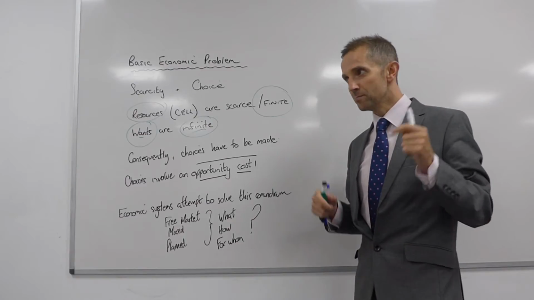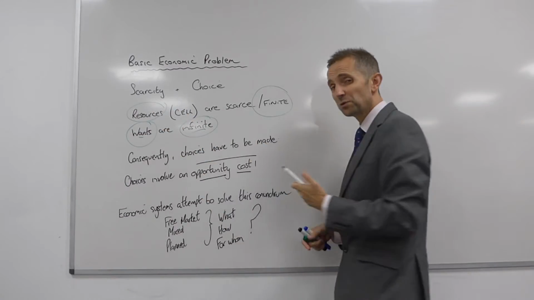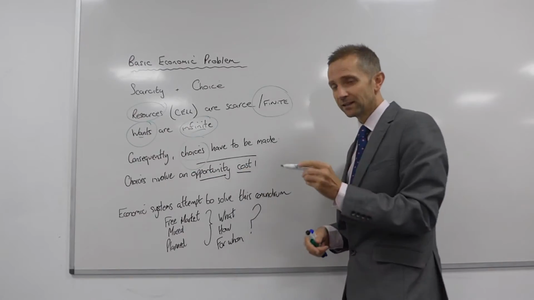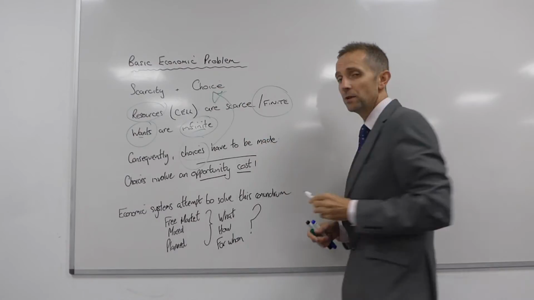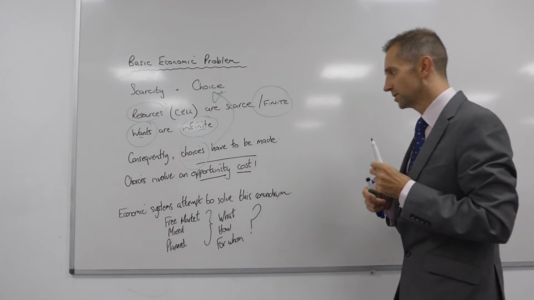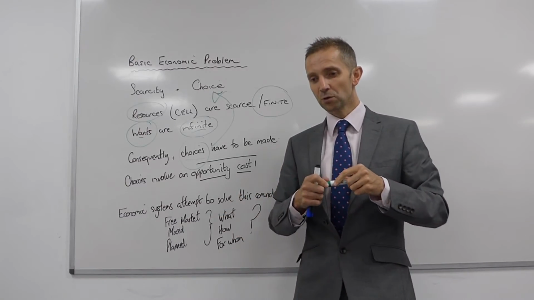Well, in order to marry those two things up, scarcity of resource and infinite wants, then choices have to be made, and that brings us back to this whole notion of scarcity resulting in choices having to be made. Now that can be on an individual level, so it can be you as an individual.